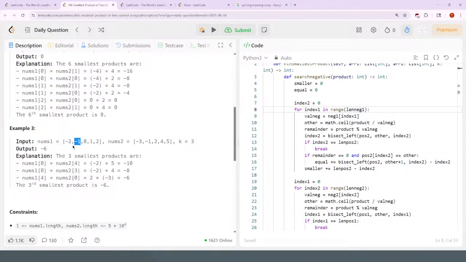So for instance, if my product was, let's say, negative 500, and I find that -2 can't multiply by anything to get to a smaller value than -500, then -1 would not be able to multiply by anything to get to something smaller than -500, because all the values -1 multiplied by would be more positive than what I would get if I multiply -2. So that's why I break this loop if I can't find anything.